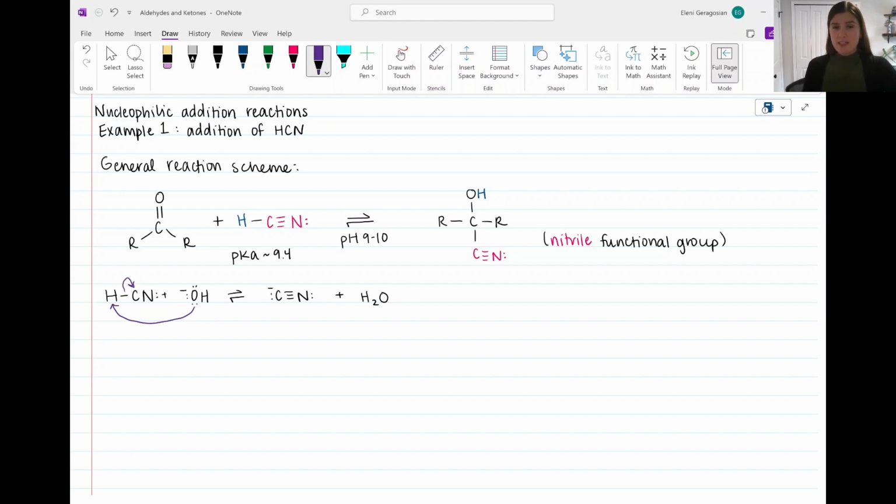So having the pH near the pKa of hydrogen cyanide allows there to be in solution both hydrogen cyanide and deprotonated hydrogen cyanide, so CN minus. Now this is the cyanide ion.